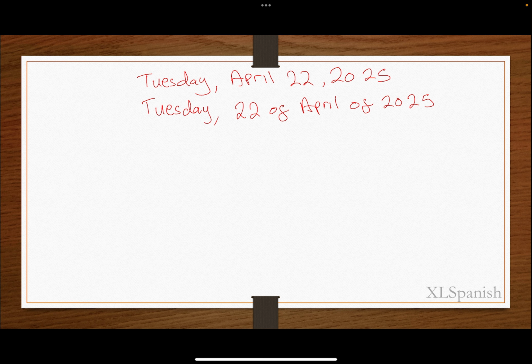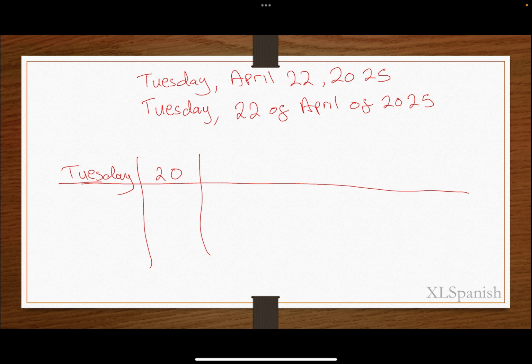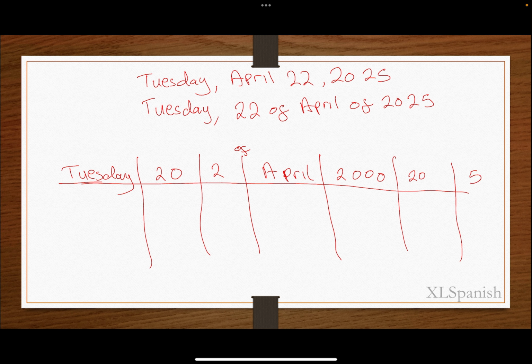Let's do a few examples of how we'll do this in Spanish. All right, let's do a table. Tuesday, 22, of April, 2025.